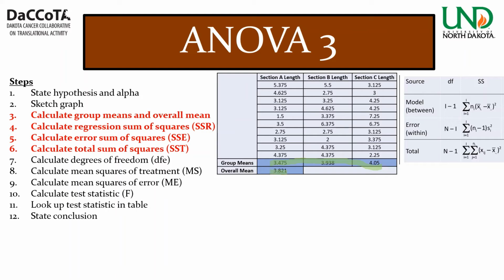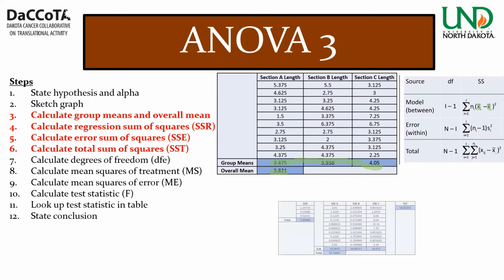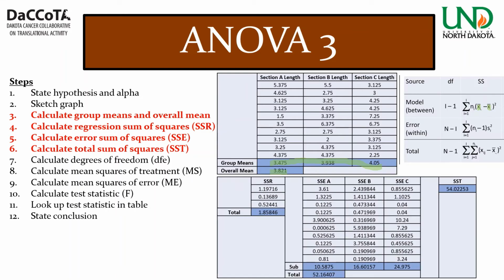Why we need these is for the regression sums of squares: for each group you take its mean minus the overall mean, squared, and then times the number of samples. That gives us a value for each of the groups, and we're going to sum that because there's a summation here to get our total. So this is our regression sums of squares.